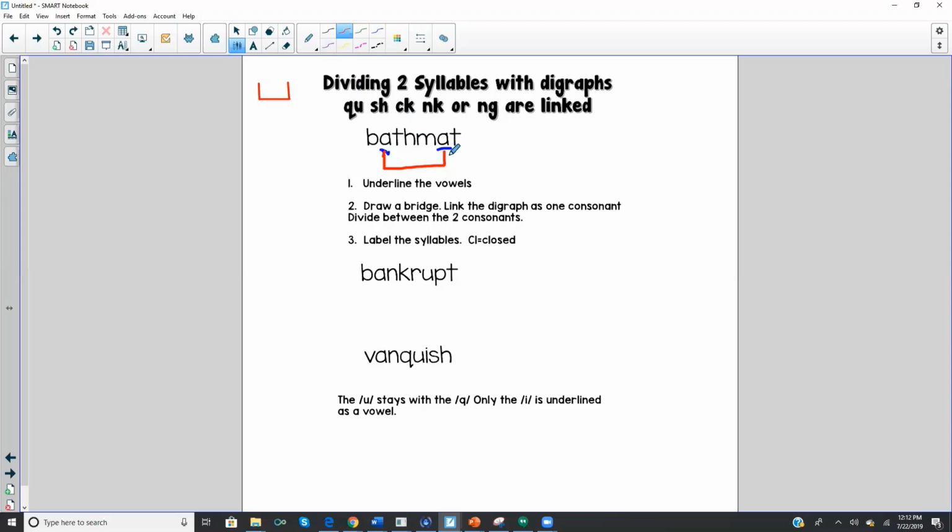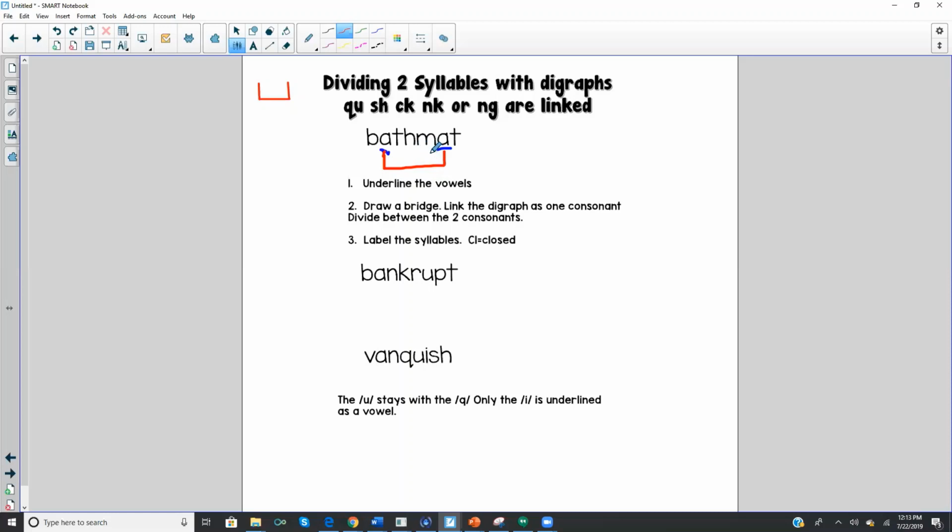All right. Now, the thing is, when we did this before, we only had two consonants between the vowels, and there's a little rule that says we can't have more than two on a bridge. So what we need to do here is make this be two.